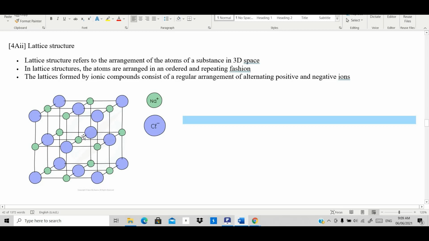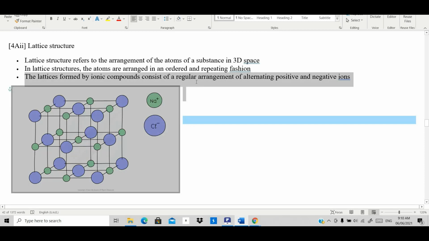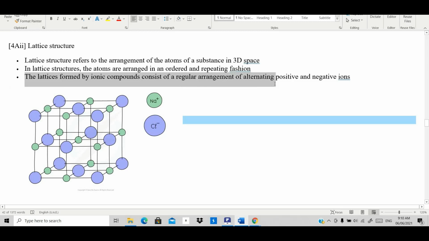And for the description they're asking for, you need to write that it's a lattice. They form a lattice structure. Lattice structures are always formed by ionic compounds, a group 1 metal with a group 7 halogen. So we need to write that potassium iodide consists of a regular arrangement of alternating positive and negative ions.